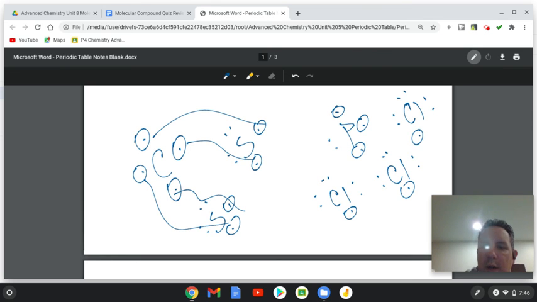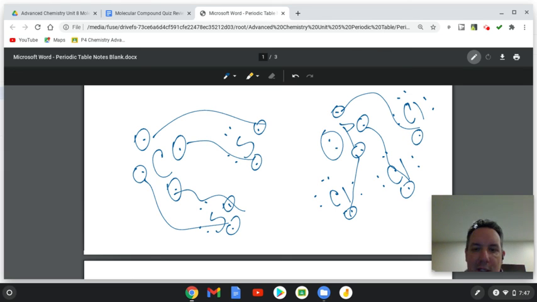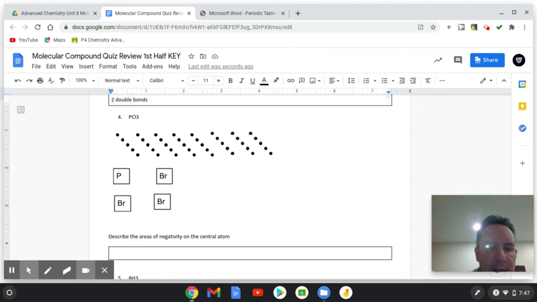So each chlorine has 1. You're going to get a single bond, a single bond, a single bond. Don't forget to put this lone pair on phosphorus. So you're going to have 3 single bonds and 1 lone pair for your areas of negativity.